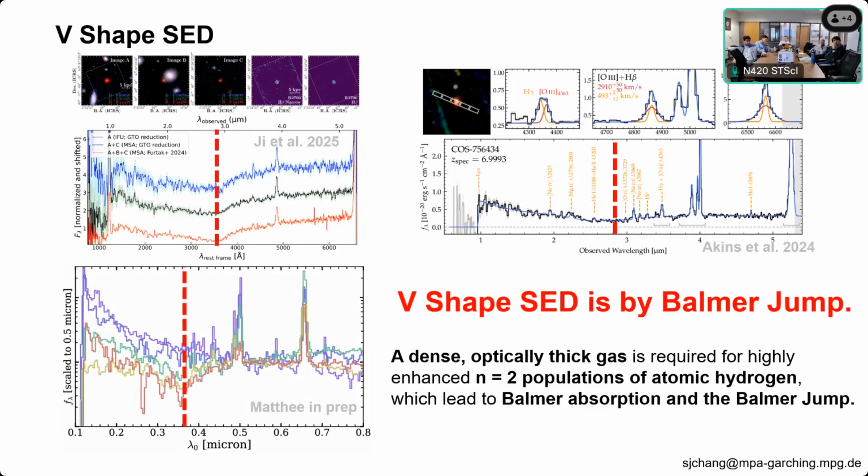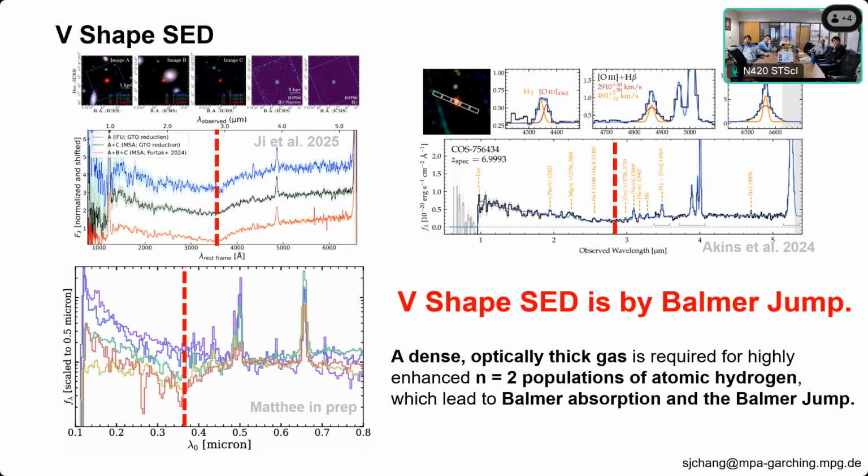Occasionally in galaxies you can see an actual jump as opposed to just an inflection, where the spectrum isn't continually rising.